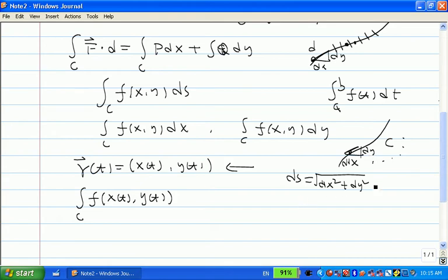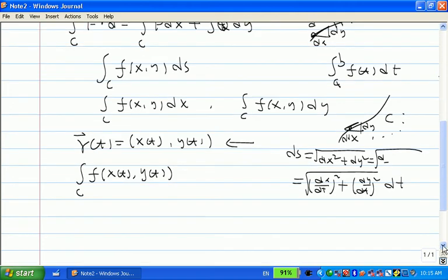And this can be written as (dx/dt) squared plus (dy/dt) squared, times dt. It just looks like you divided by dt and multiplied by dt. So you replace this ds by the square root of (dx/dt) squared plus (dy/dt) squared, dt.